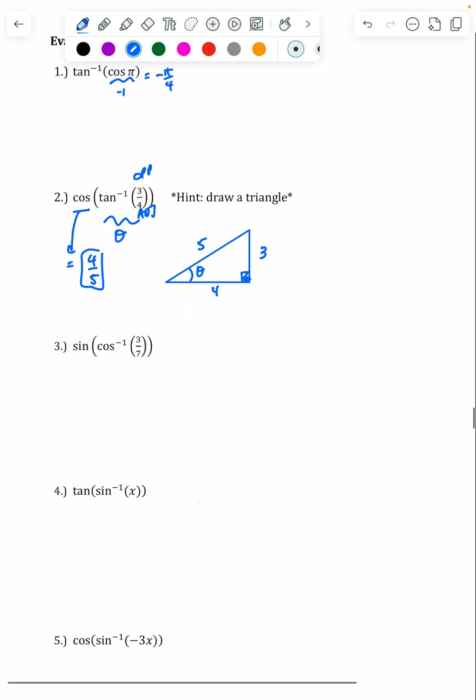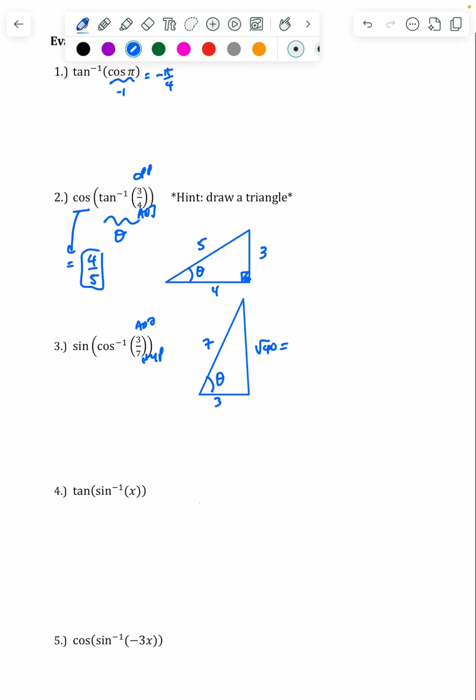Okay, same idea, sine of cosine inverse, draw a triangle. Remember, cosine is adjacent over hypotenuse. So your adjacent is 3, and hypotenuse is 7. This is 7, this is 3, and this is your angle theta. So you're going to do 7 squared minus 3 squared, so 49 minus 9, which is 40.